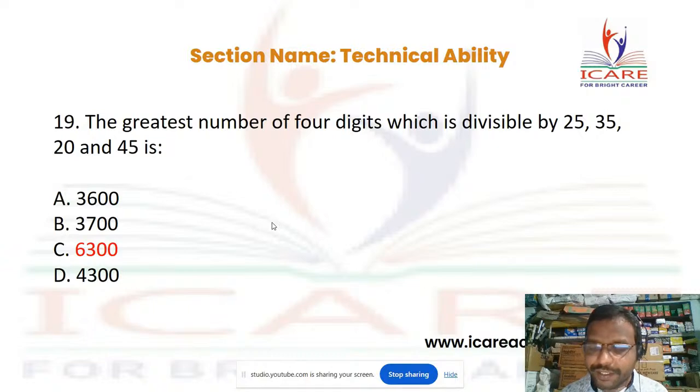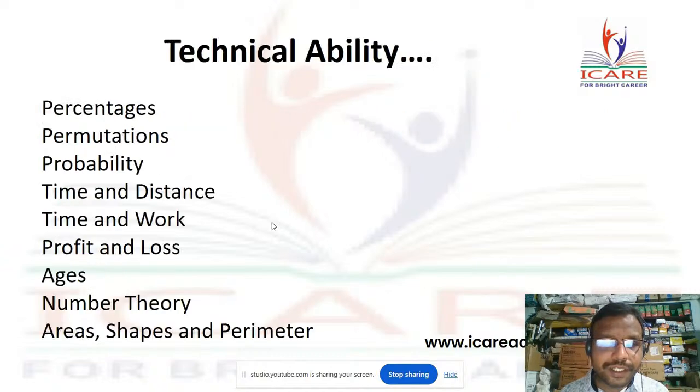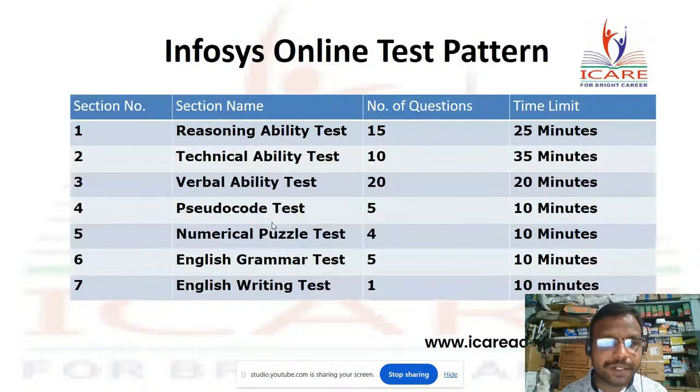Remember, the easiest thing, especially in the Infosys online test pattern, they give 10 questions and the time limit is 35 minutes. So on average, the time limit is 3.5 minutes per question.